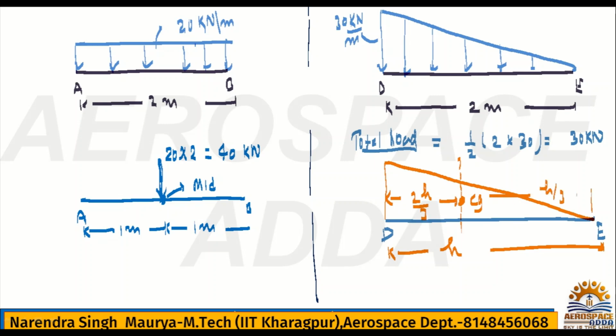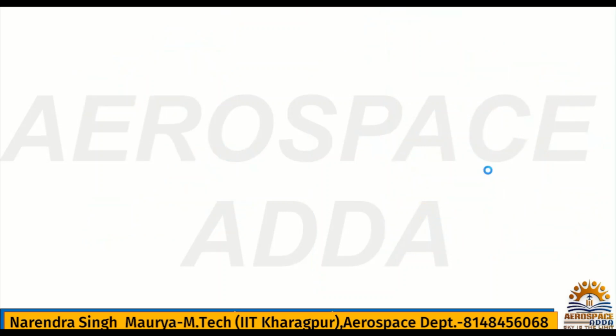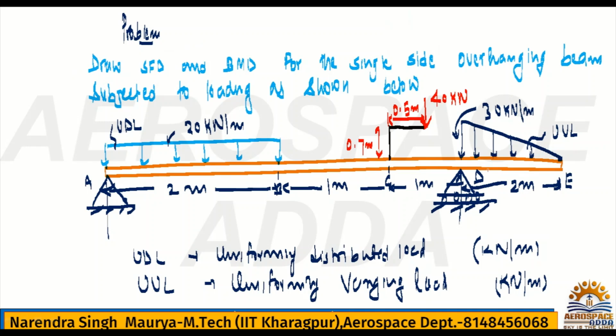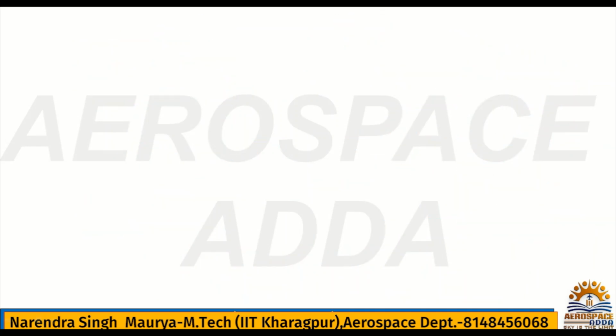The total load will be acting at the CG of this triangle, depending on which side you want to take the distance. Suppose from the D side, it is 2h by 3, and from the other side it is h by 3. Your total load will be acting at the centroid of this triangle. Always remember, this calculation will be required continuously. These are just techniques you should be aware of. Now, to solve this problem, our first step is to get the reaction forces. So now we'll go for the first step.